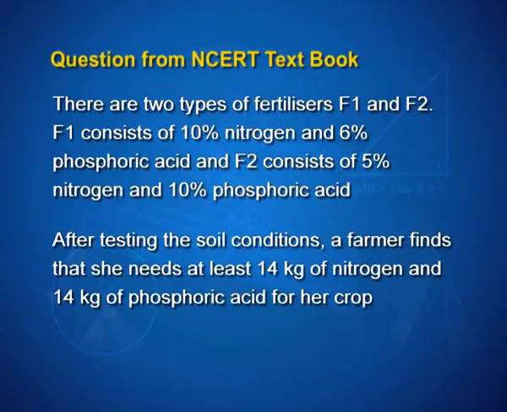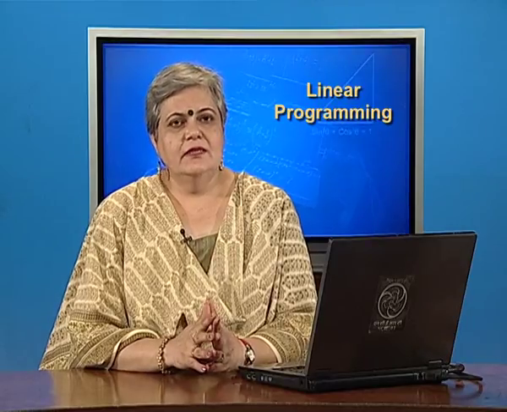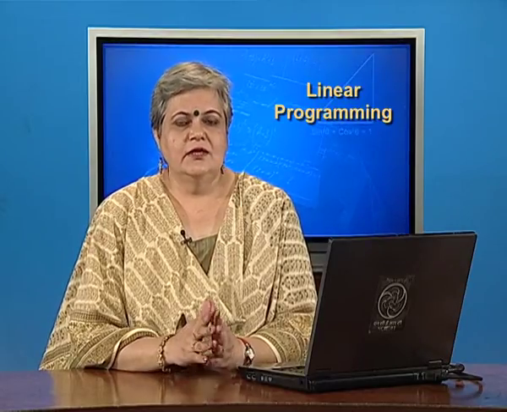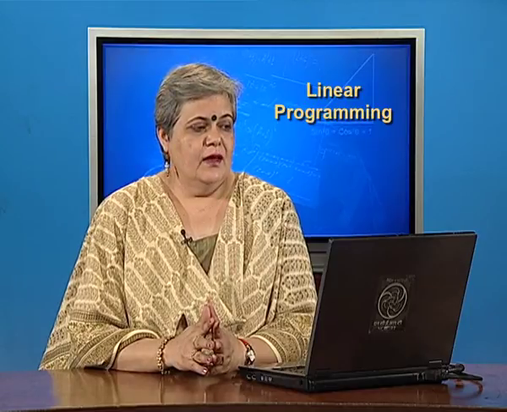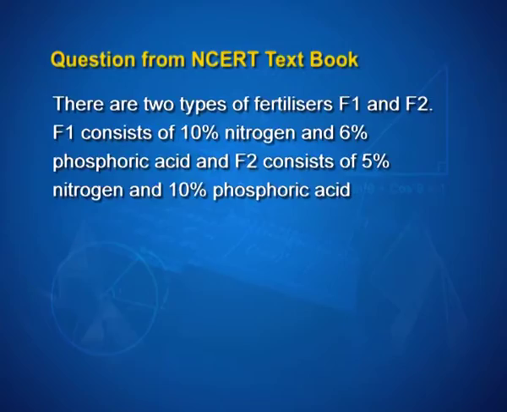Here is our next question, and again, if you have your NCERT book, then let us open that to page 520 and see what we have to begin with. Let us read this and then translate it into an LPP. The problem states there are two types of fertilizers, F1 and F2.